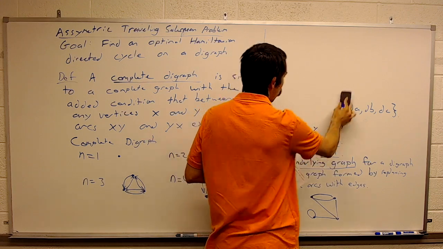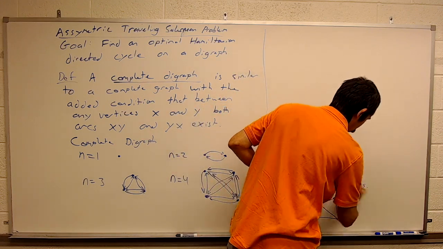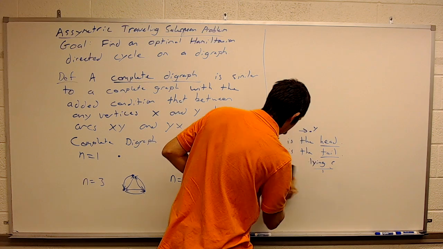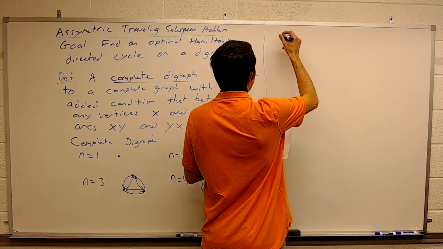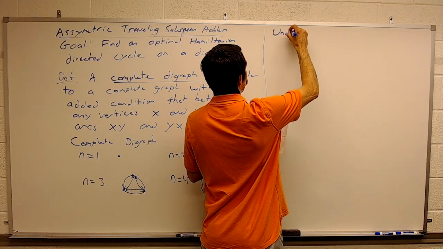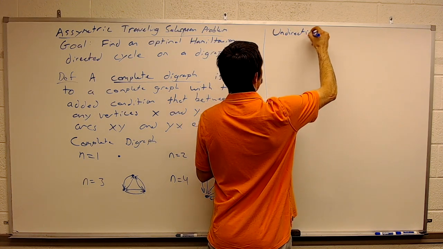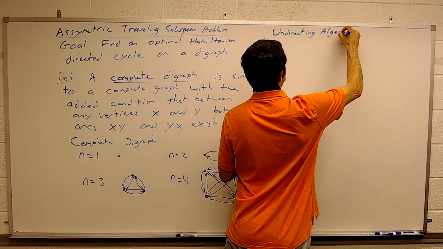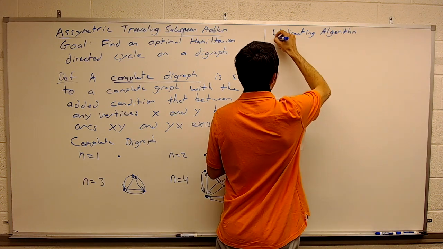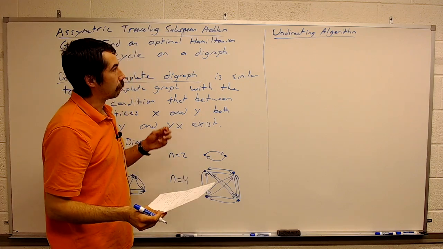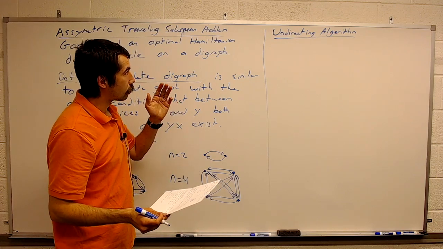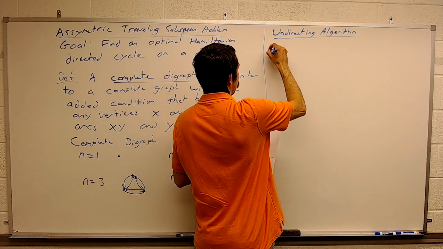All right, so let me walk through this undirecting algorithm, and then we will see an example of how it's used. Okay, so what is the input for this algorithm?